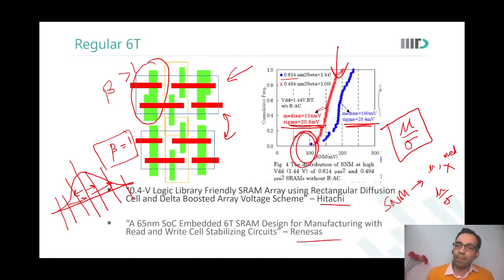So if my mu by sigma is very large, it means my variations are more controlled. My median is very high. I do not hit a zero until far away, until very many sigmas. So if you have to quickly estimate the mu by sigma of these two cells, which one has a better mu by sigma? What is the mu by sigma over here?